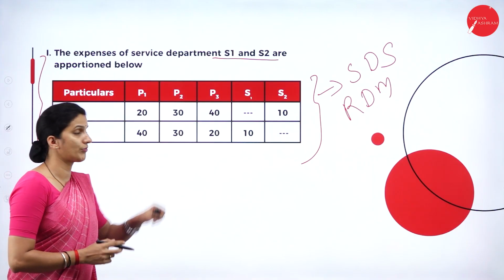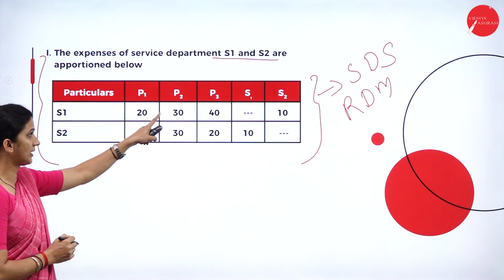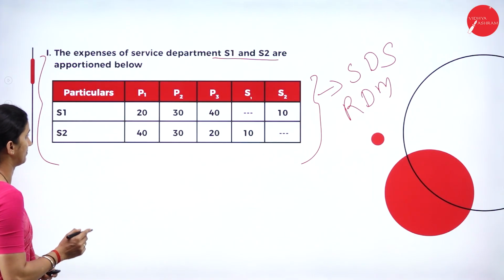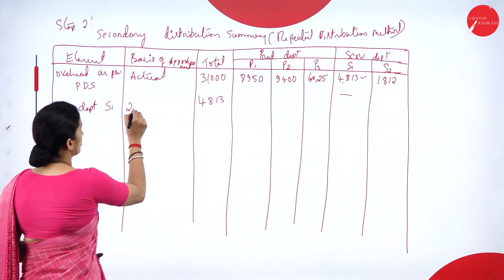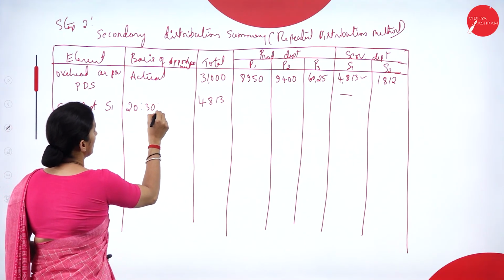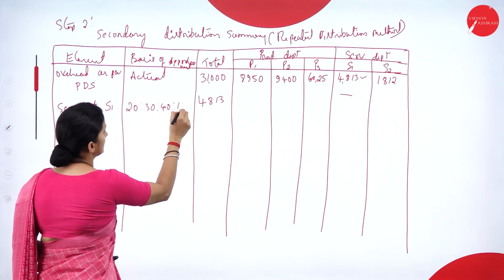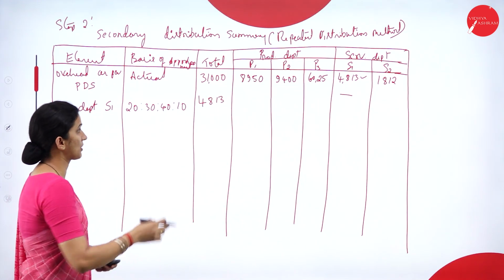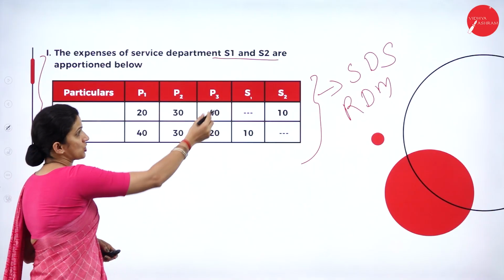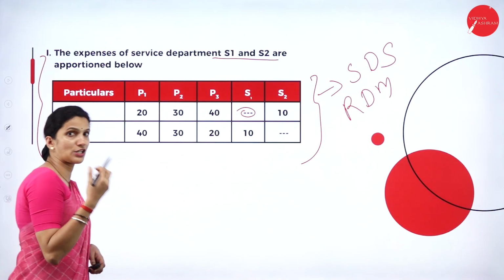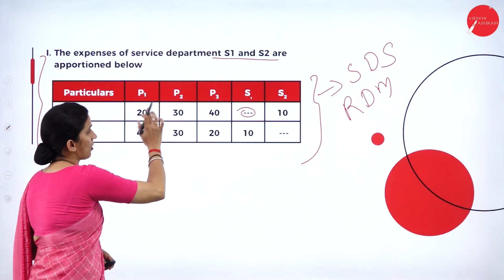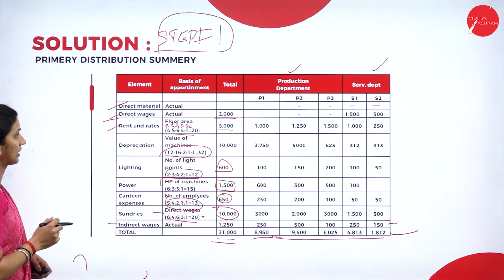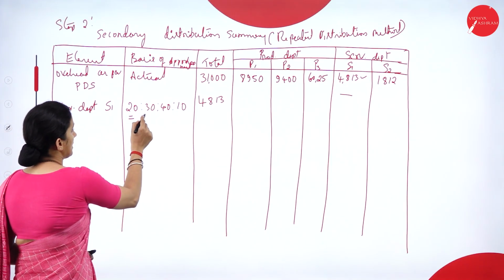So we will take this ratio: 20, 30, 40 and 10. Only to S1 we are not going to allocate, because here S1's ratio is not given. Apart from this, all the other departments will be allocated. So your total will be 100.